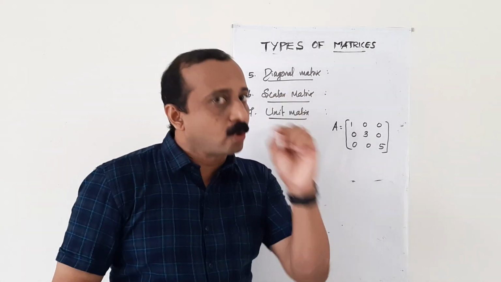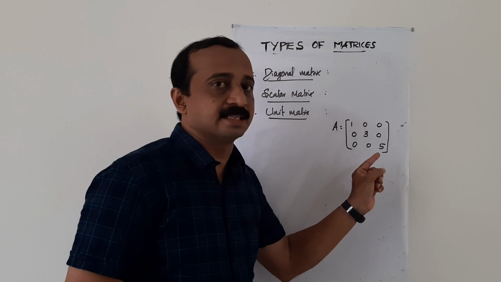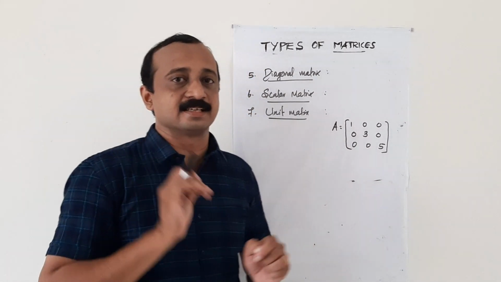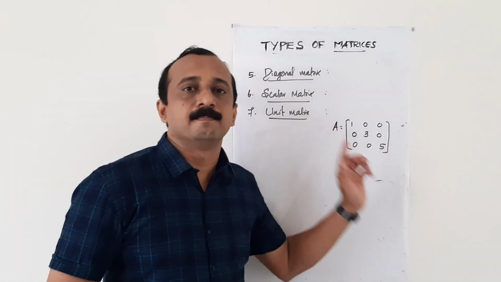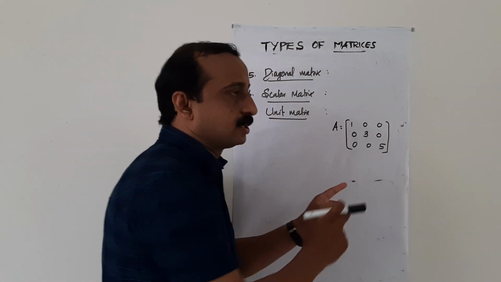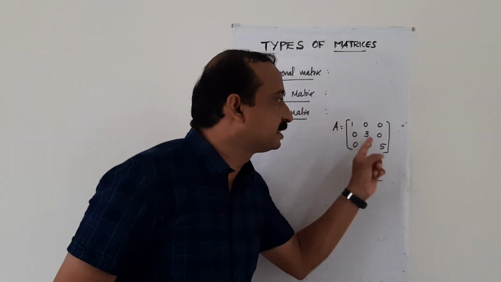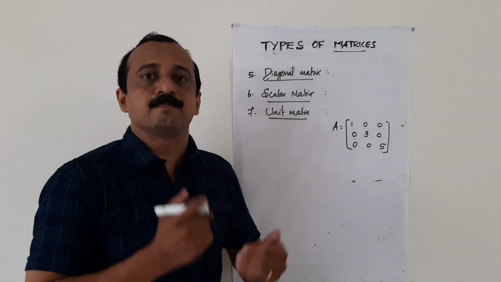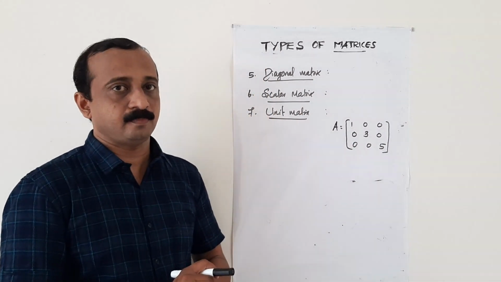That means a square matrix in which only the principal diagonal elements are non-zero entries, that type matrix is called diagonal matrix.